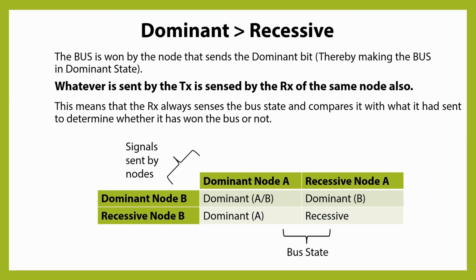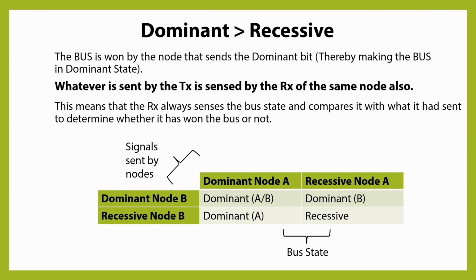Why is this written in bold and why is this important? Because, as I mentioned earlier, this CAN bus system is a multi-master system that enables every node to send data and every node to receive data. So what will happen if two nodes simultaneously send data?